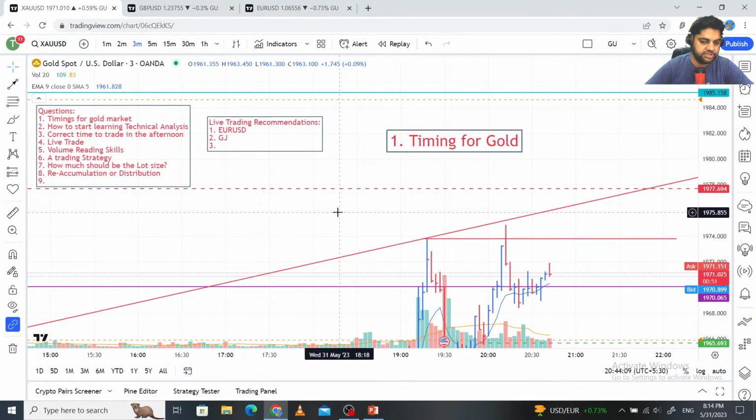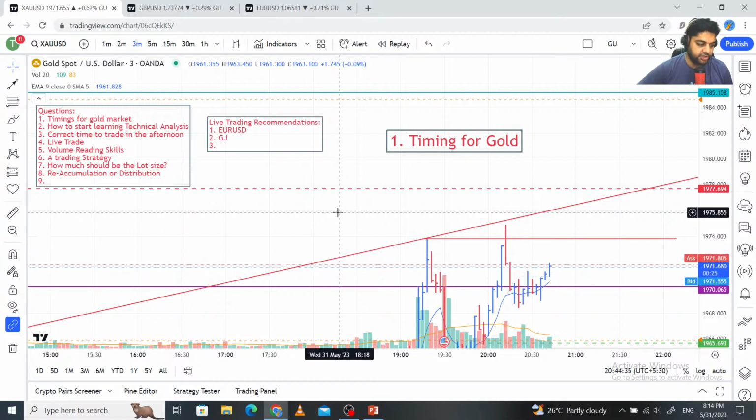The best timing to trade gold is either in the beginning of the Asian session, which is very early morning, and it might not be available for our friends in Nigeria, because it is way in the night, maybe 3 a.m. or something like that. So you can stay away from the Asian session opening strategy, but it is very much available for our friends in India. The people in India can easily trade the opening of the Asian session for gold. Number 1, that is the timing. The other timing for gold is very clearly the New York session. So these two are the timings.